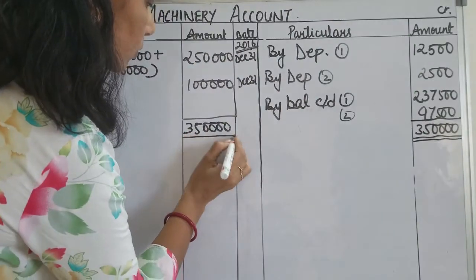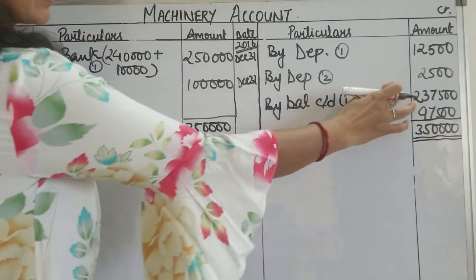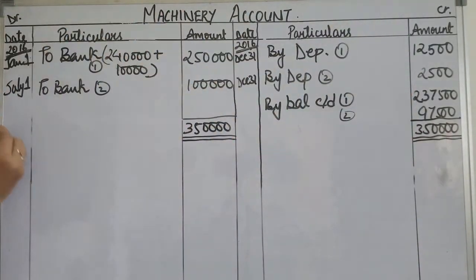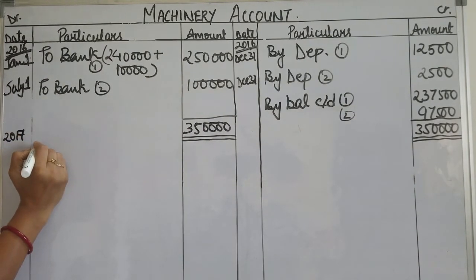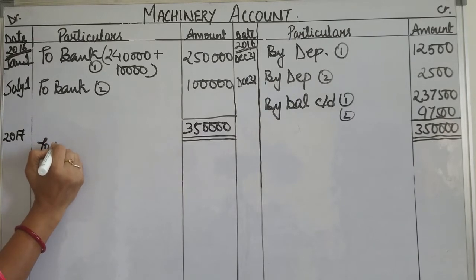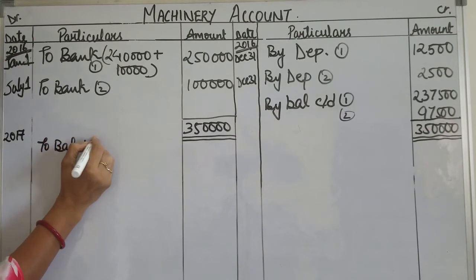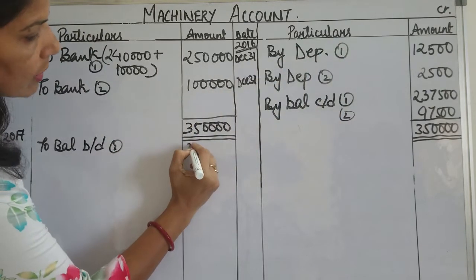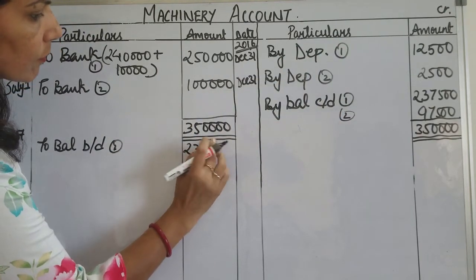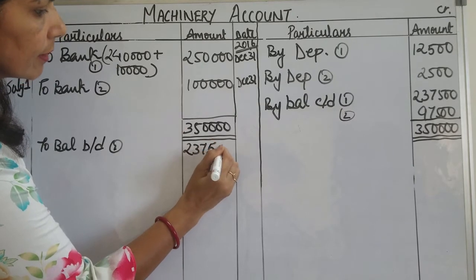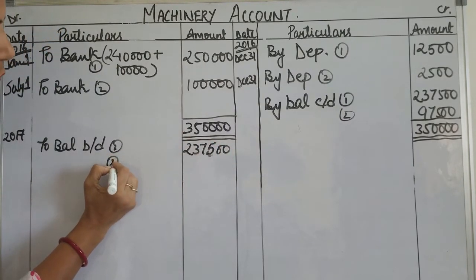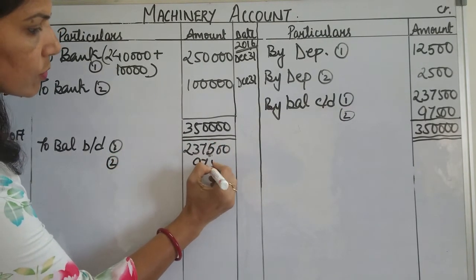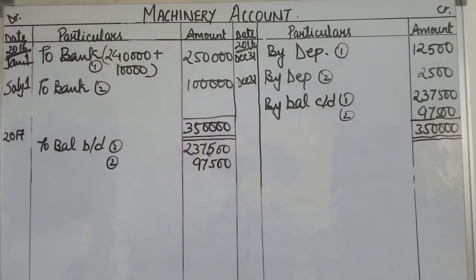Now this closing balance of 2016 will become the opening balance of 2017, right? So we'll write it like to balance brought down, machinery 1 is 2,37,500 and machinery 2 is 97,500, right?